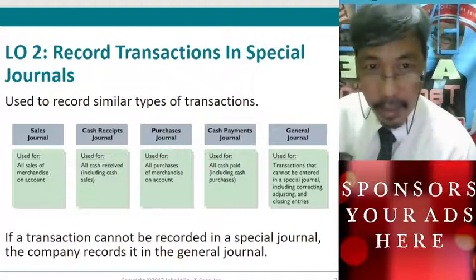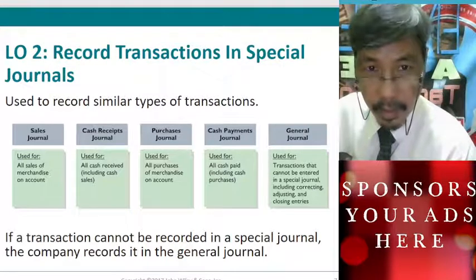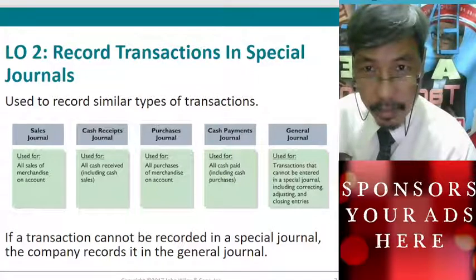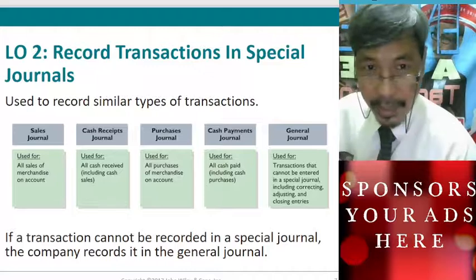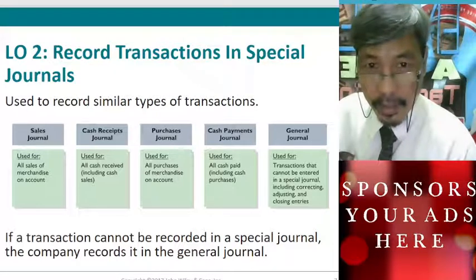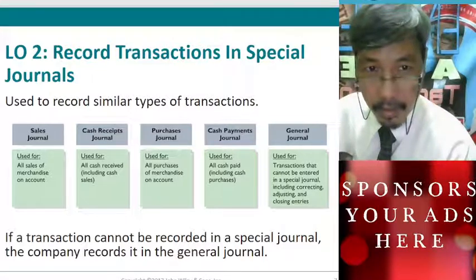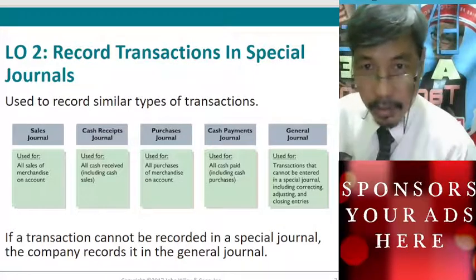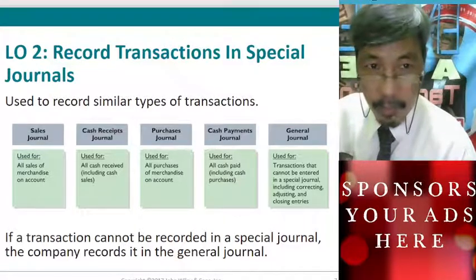Cash receipts journal, used for all cash received, including cash sales. Okay, so all the cash transactions received. Different from the sales journal. Purchases journal, used for the purchases of merchandise on account. Okay? Cash payments journal, all cash paid.